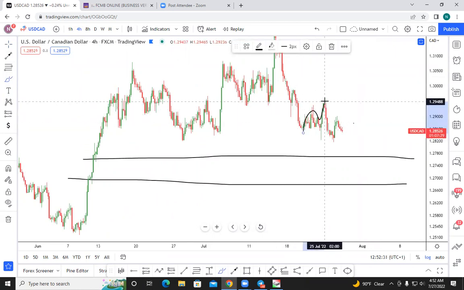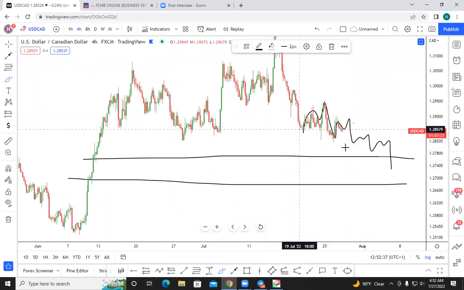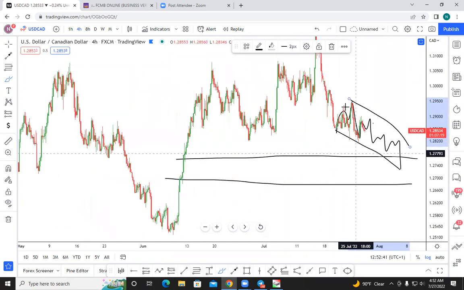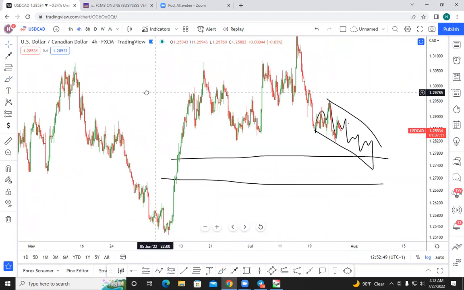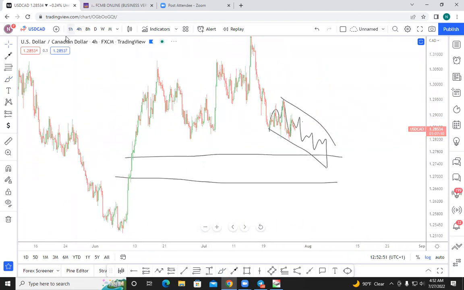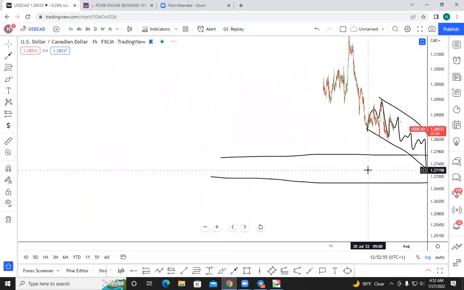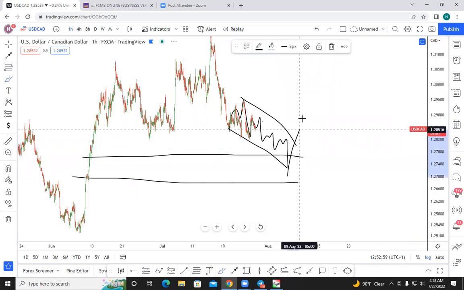So we want this to happen. You see the corrective structure here, pulls down, pulls down, pulls down. So this might look like an ending structure. If it gradually pulls down, little up, pulls down, little up, and gets to this level, guys, we would like to see a fine move to the upside like this.